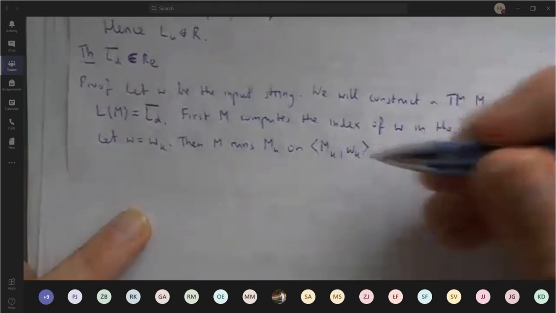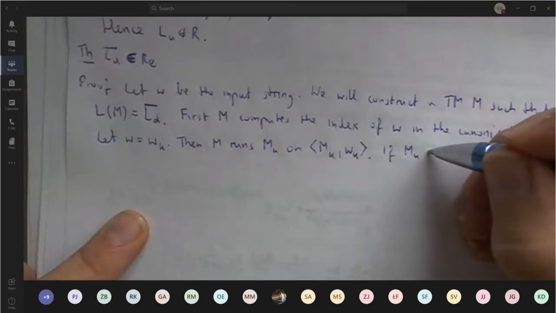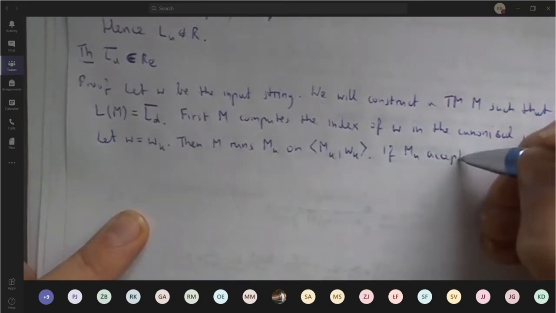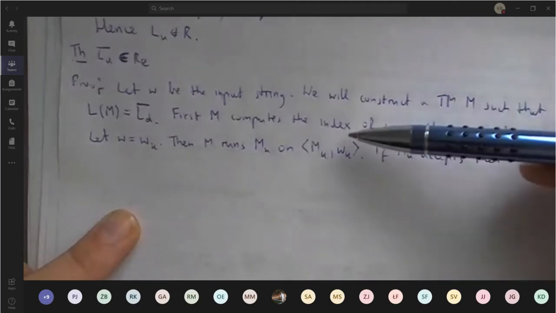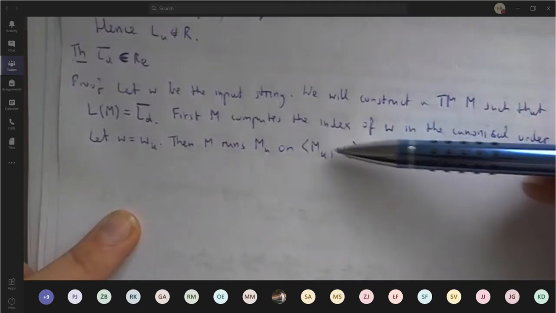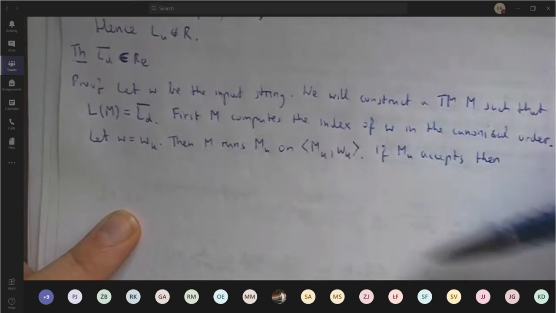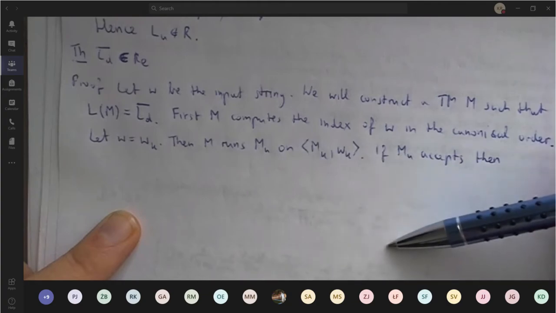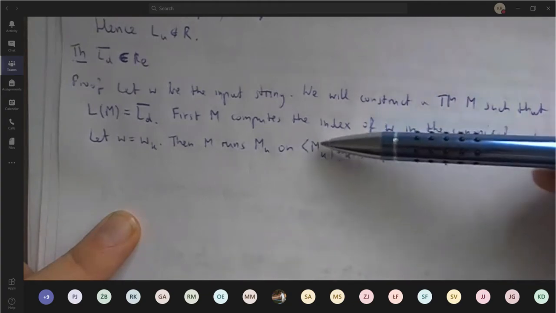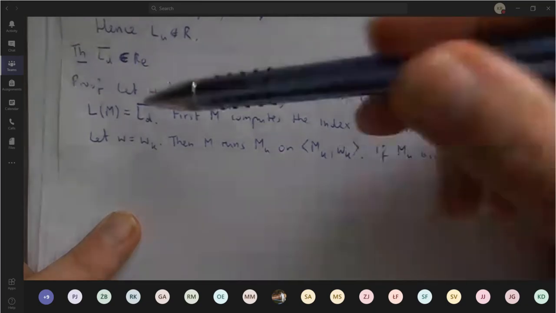Okay, so if M_U accepts, then that means that W belongs to the language of M_K. That means on the diagonal, in the Kth entry of the diagonal of this table, we have 1. That means that this string does not belong to the diagonal language, so it belongs to the complement.